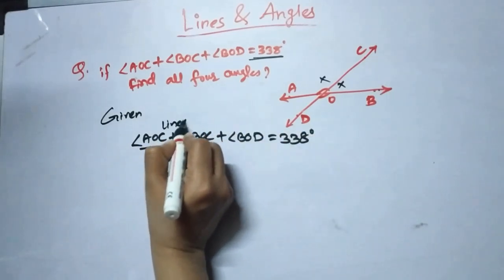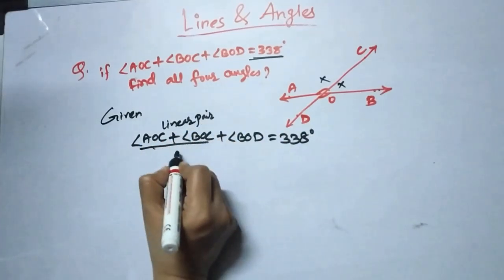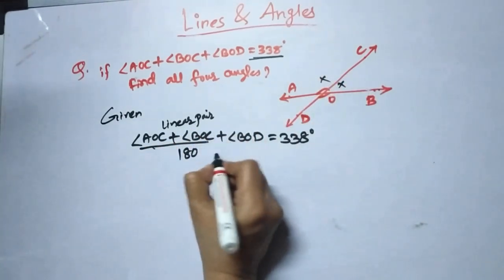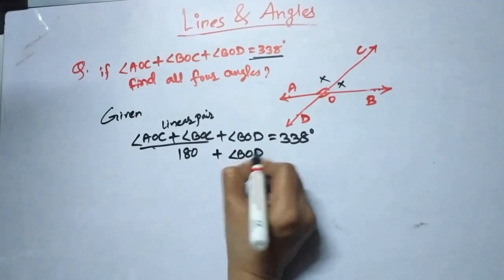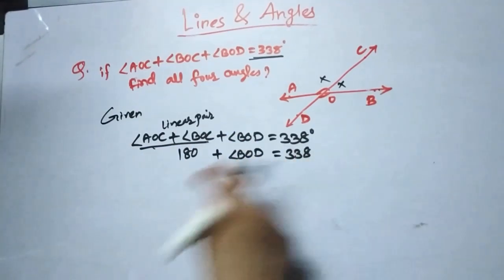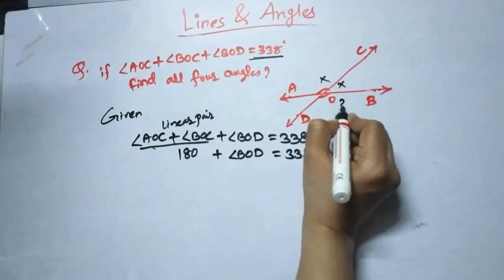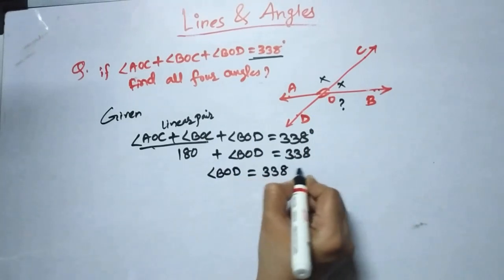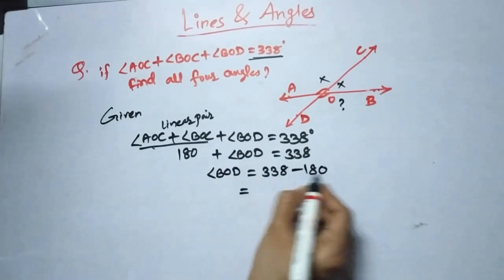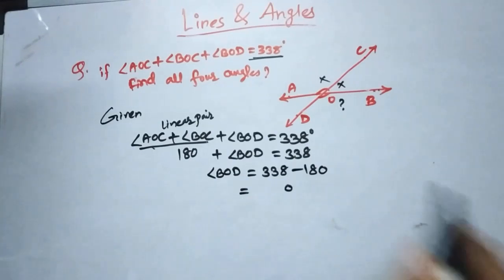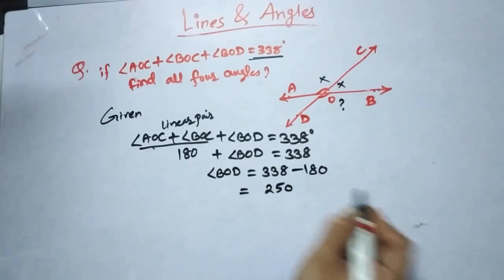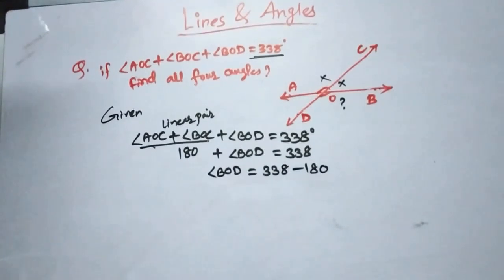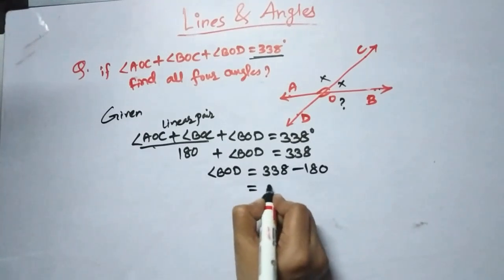So as these both are a linear pair, we know that their sum is going to be 180 degrees. So we can directly write the sum of these two angles as 180 degrees plus BOD is equal to 338. So from this equation we'll easily come to know about this BOD. So angle BOD is equal to 338 minus 180. So friends, just subtract it, we'll get 158 degrees.